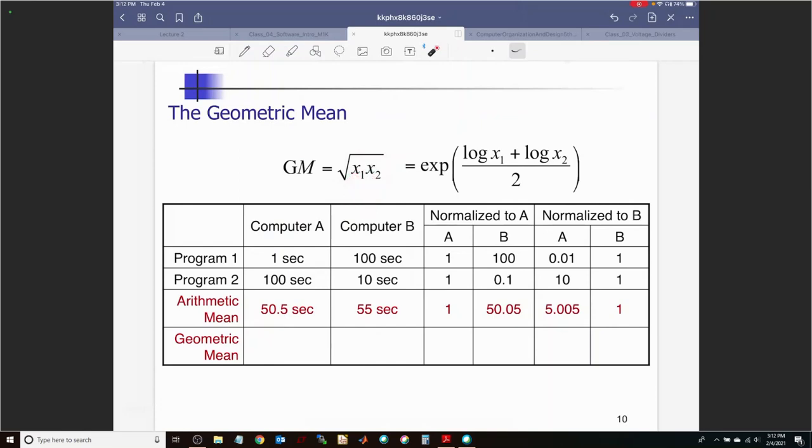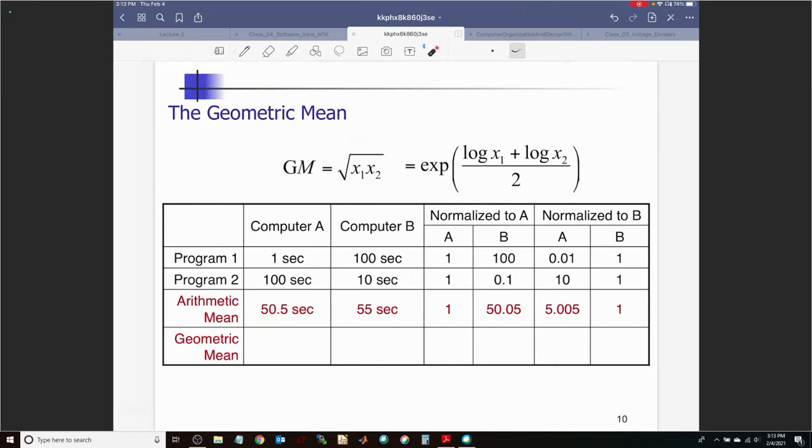So either I take a square root or a cube root or the 4th root or the nth root in general. I can also express geometric mean using an exponential and a log relationship. It's the same equation. So let's see with the same numbers whether we get a consistent result or a different result.